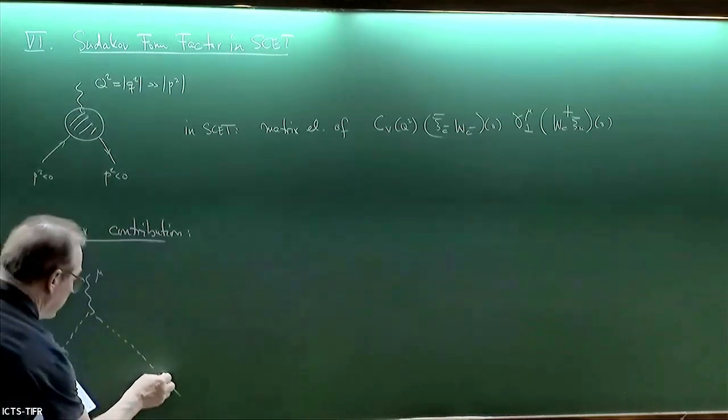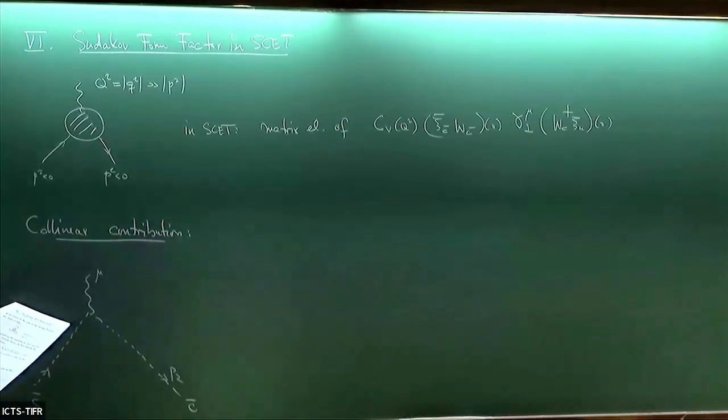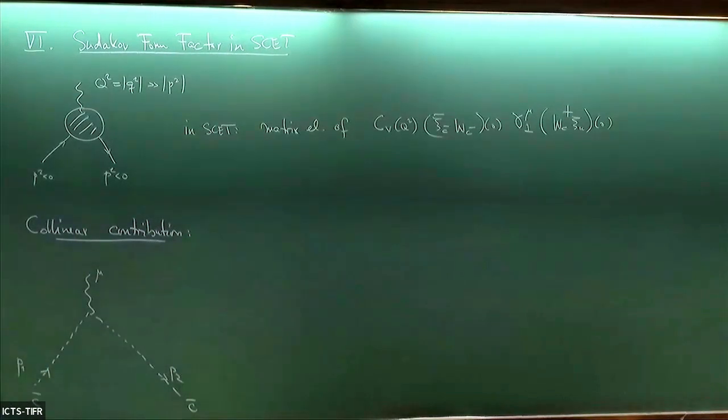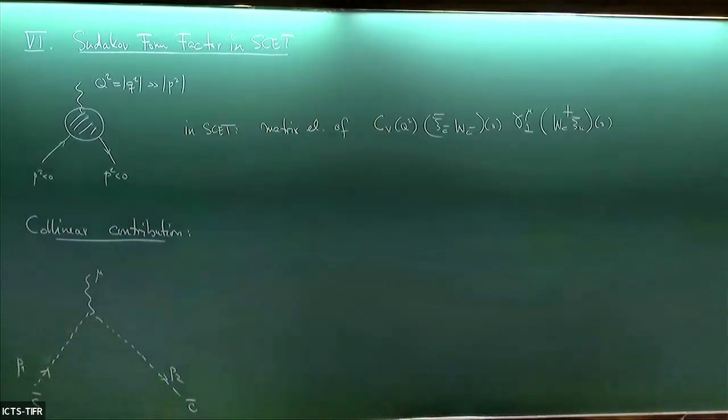The outgoing anti-collinear quark has momentum P2. And now there's two ways of doing a collinear loop correction. One of them is something like this, which would be wave function renormalization. I'm going to take care of this separately later. If I don't want wave function renormalization type contributions, normally we just have the option of connecting the gluon from here to there. But that's not allowed. I cannot attach a collinear gluon to an anticollinear particle. That vertex does not exist.